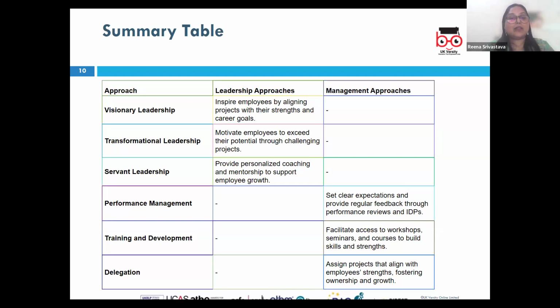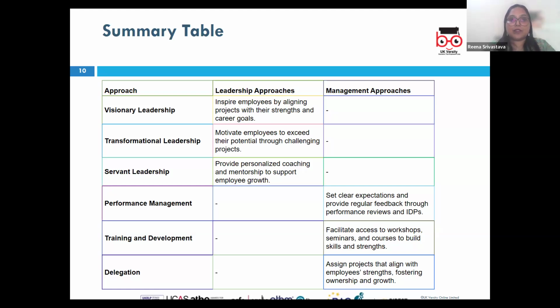For example, a leader may inspire employees to innovate and explore new ideas, whereas a manager may facilitate this process by giving them a specific project. Together, if you see, these approaches are designed to maximize the potential of the employee.